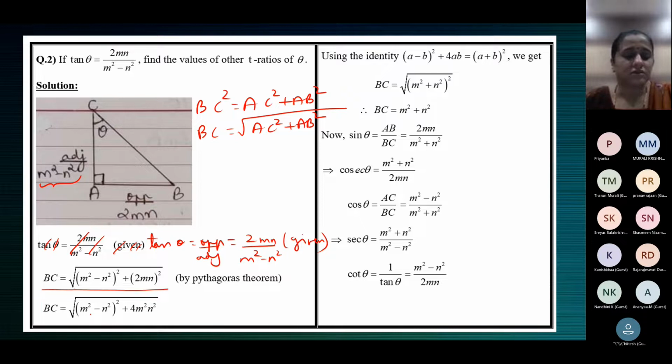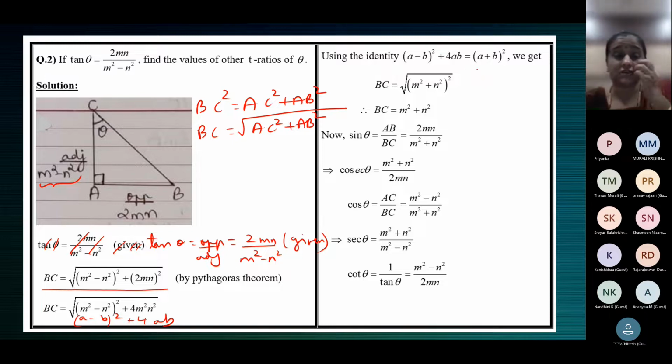Now at this point, it looks like A minus B the whole square plus 4AB. A minus B the whole square plus 4AB is A plus B the whole square.